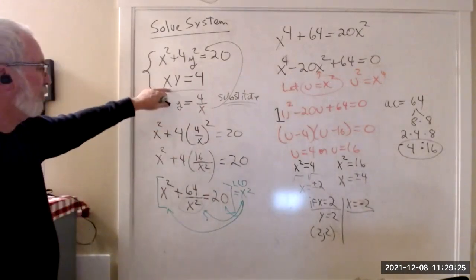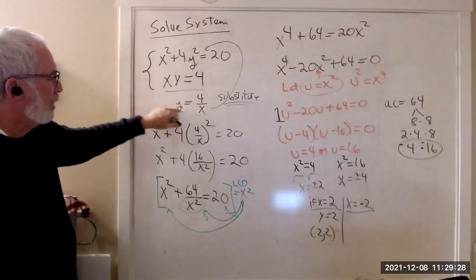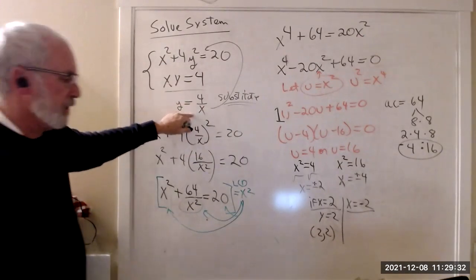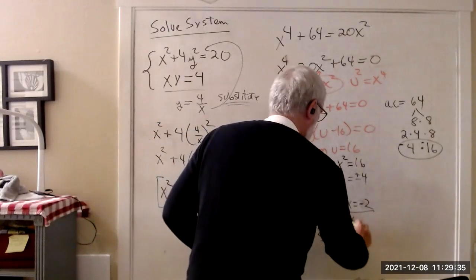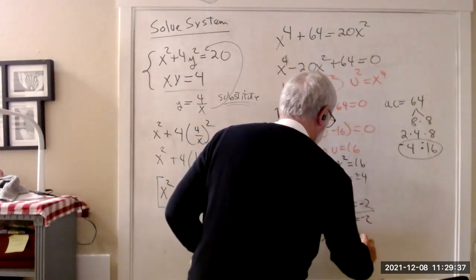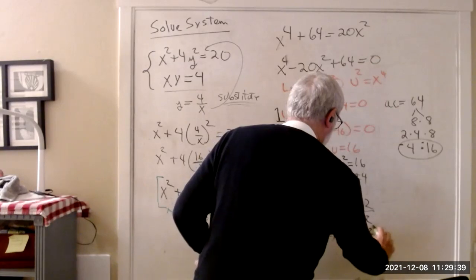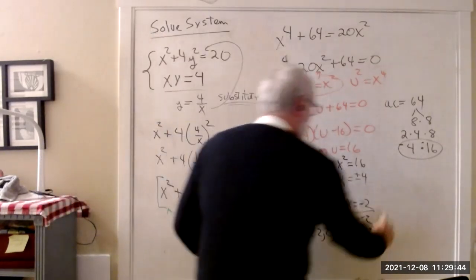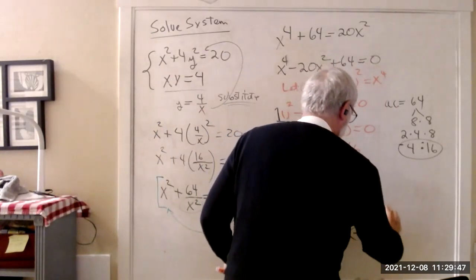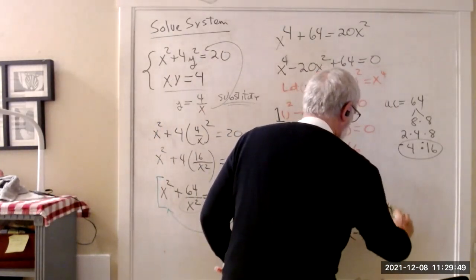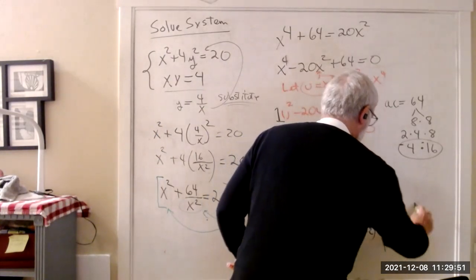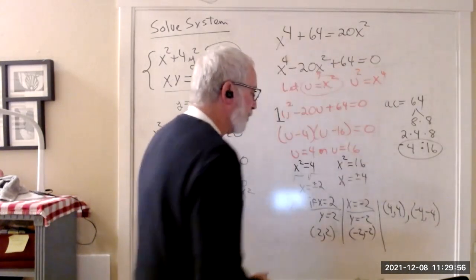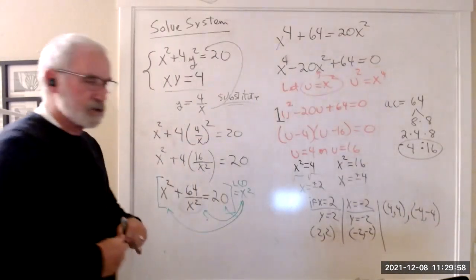If x is negative 2, you can plug it in here. If x is negative 2, 4 divided by negative 2, y is negative 2. And I'm not going to do all the problems, but it turns out that 4, 4, and negative 4, negative 4. So this particular problem had 4 answers.